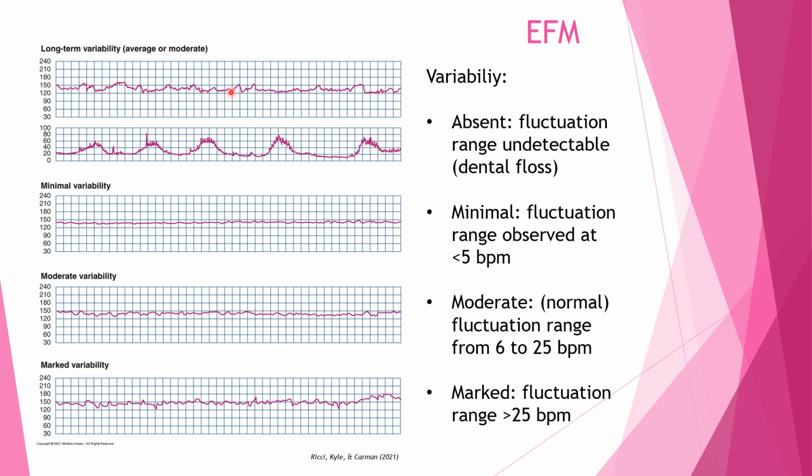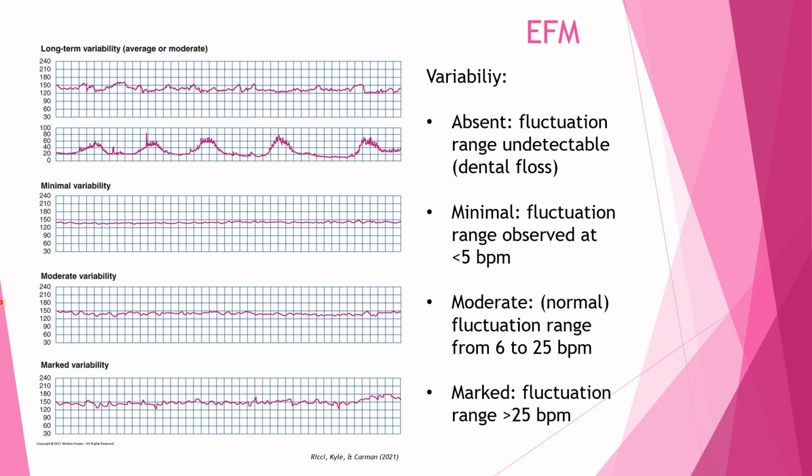We're looking at the top right here. This right here would be average or moderate variability. This is a normal fluctuation and it ranges from 6 to 25 beats per minute. If we move down here, this is minimal variability. Note that the fluctuation range is observed at less than 5 beats per minute.